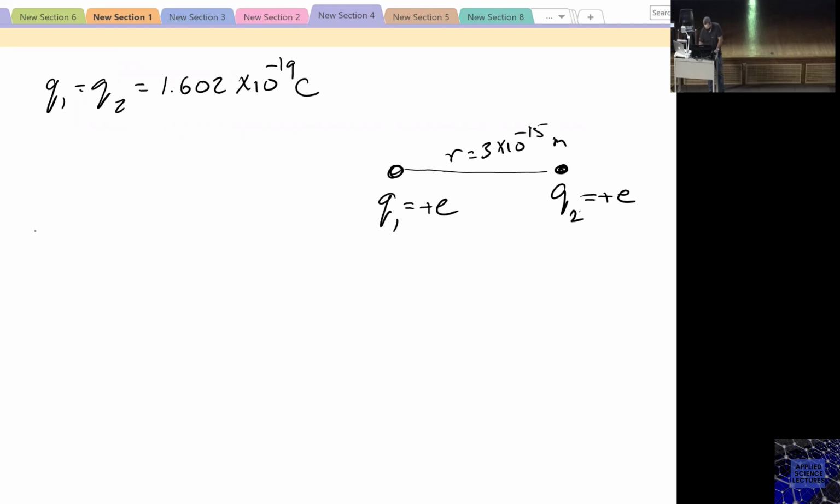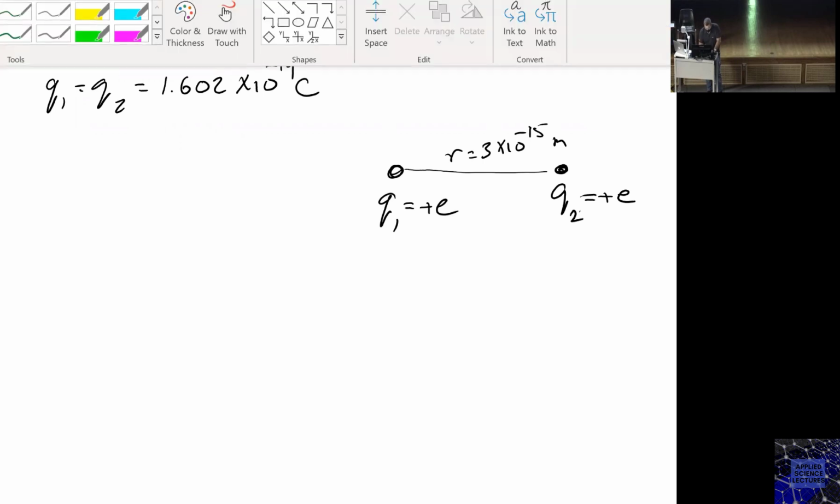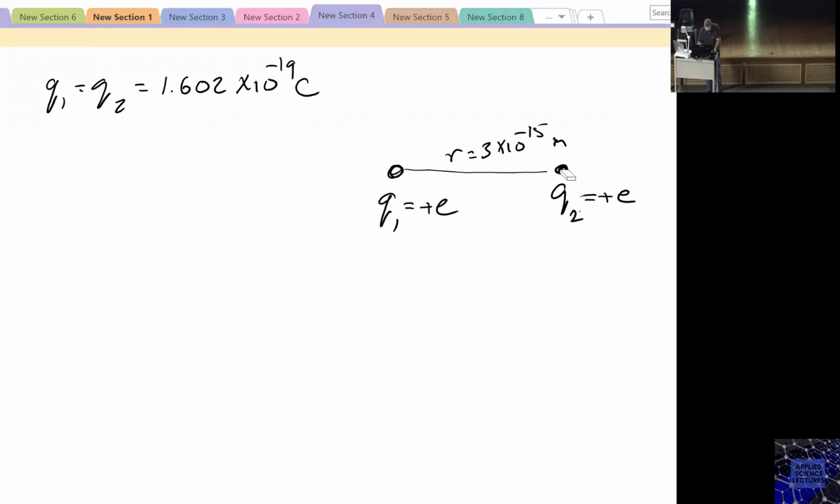So if I am to calculate the force exerted by Q2 on Q1, is it a repulsive or attractive force? Repulsive force. So if my Q2 is in green, then my F2 here would be pointing in this direction.